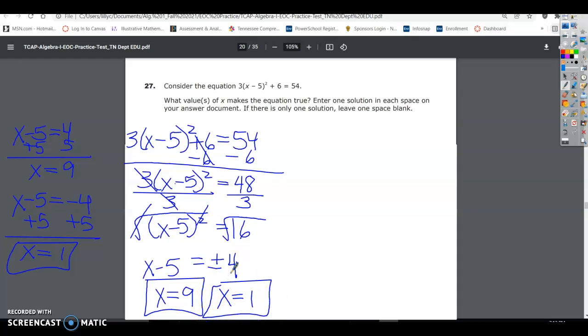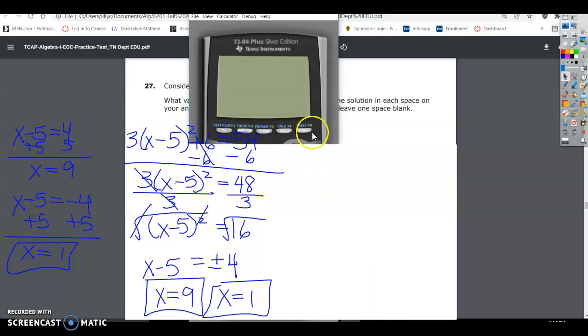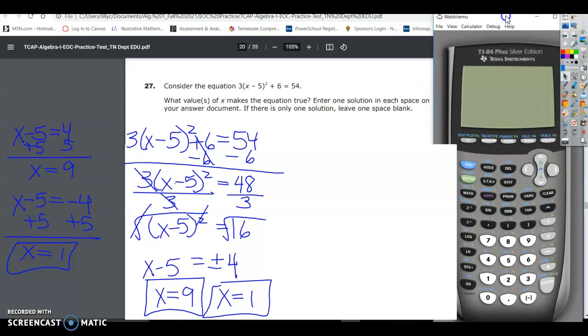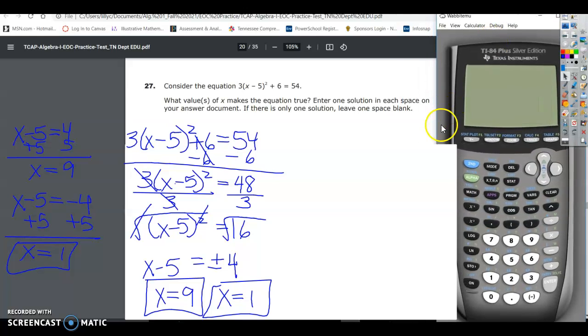Now, if you want to check this using a different method, you could always plug this in your calculator and graph it. So let's use the calculator here.